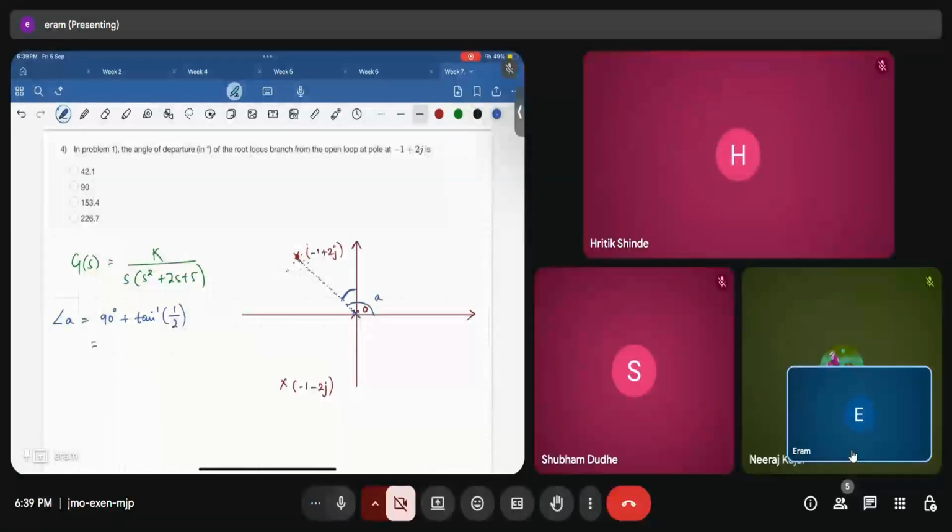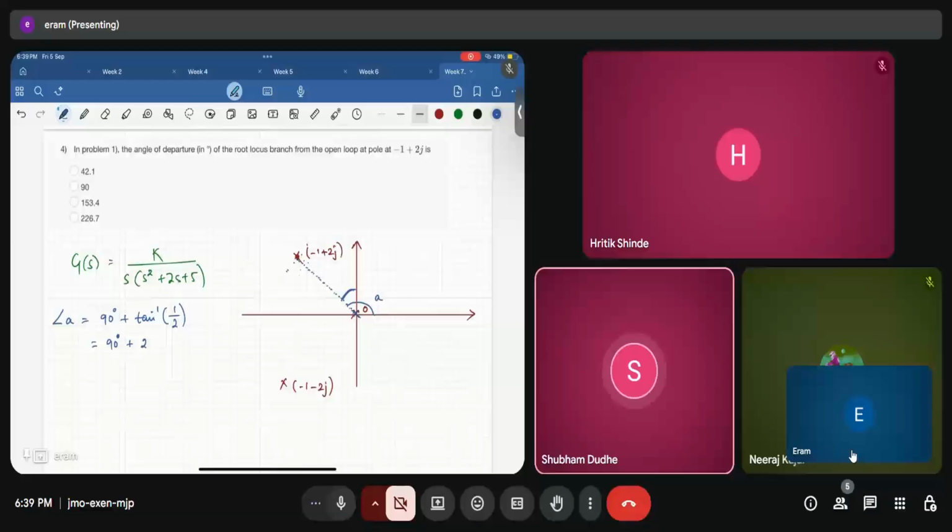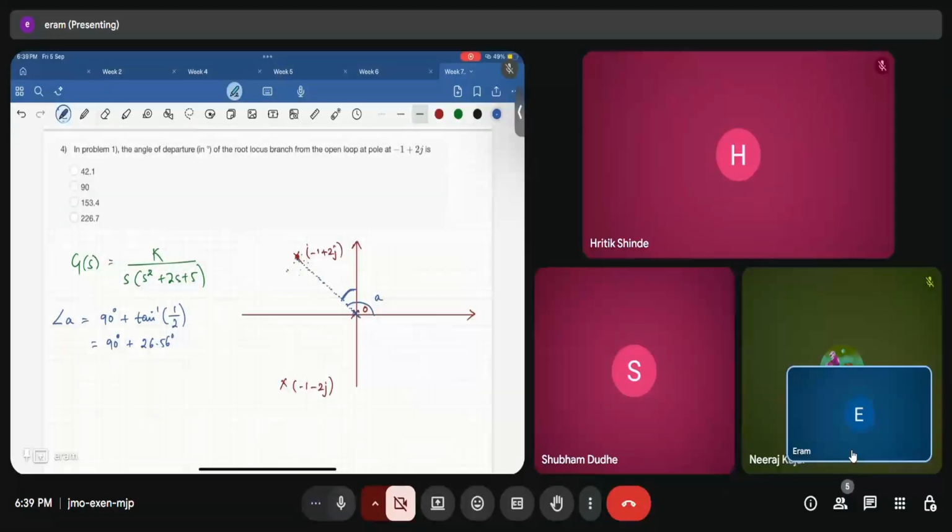How much will it be? Since we are calculating in degrees, it will be 116.56.